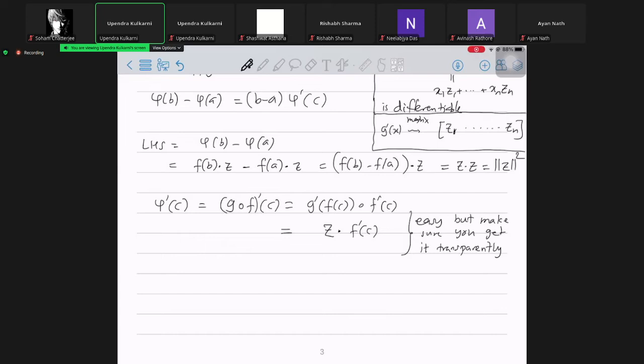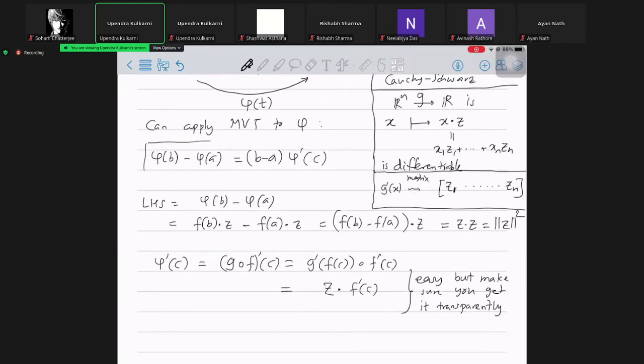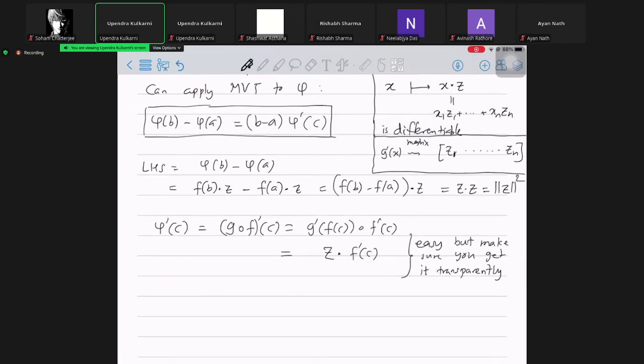Okay. All that remains is to gather the fruits of our labor. What is the right hand side? Remember the left hand side was the norm of Z, the whole square, the Euclidean norm, which is b minus a times Z dot f prime of c.